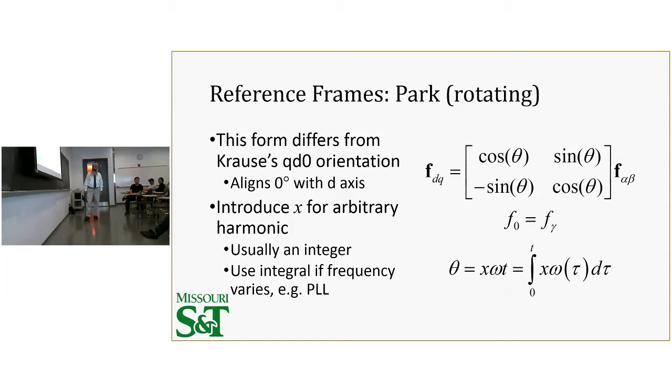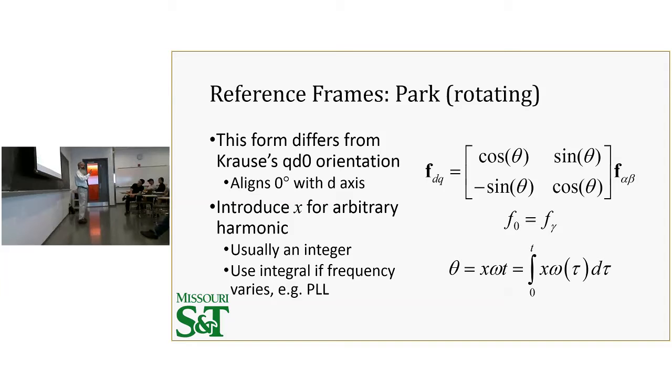Omega, I thought, was fixed. It depends on what your system is. One application that I'll talk about later on is kind of like a UPS where you're producing a fixed frequency output, and in that case omega is fixed. In the case of the grid, it's not really fixed.